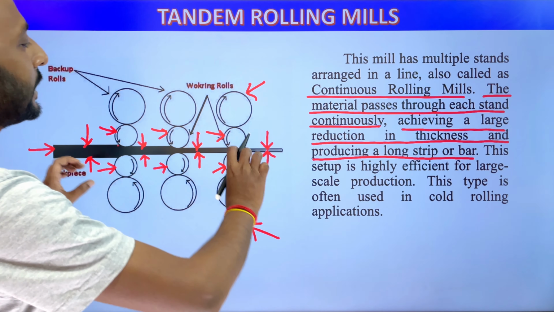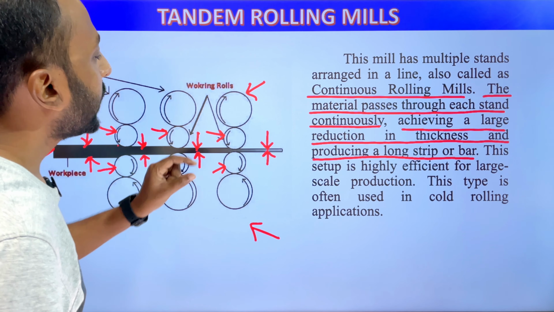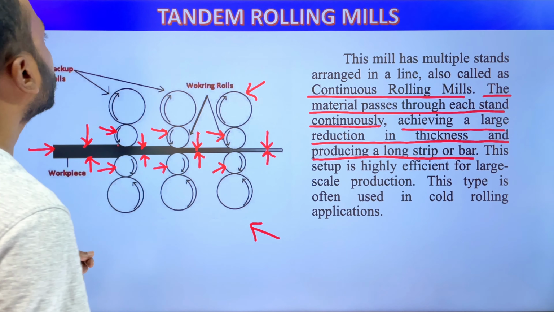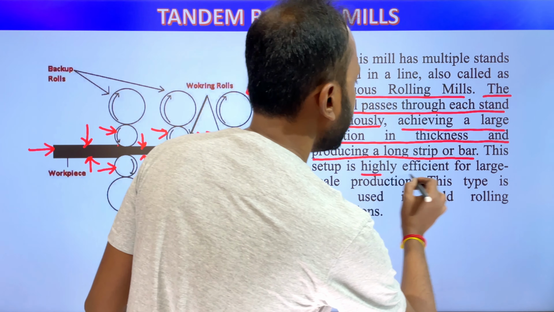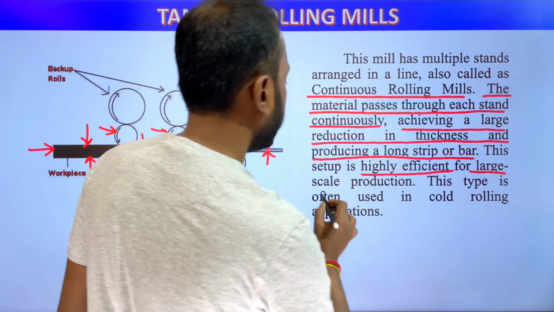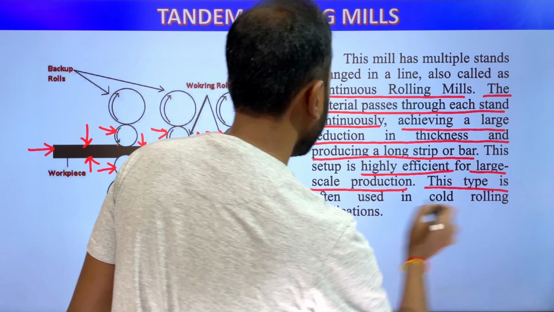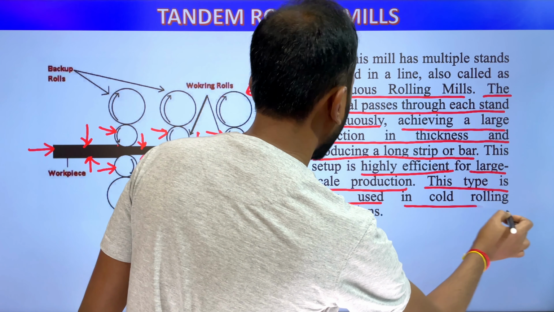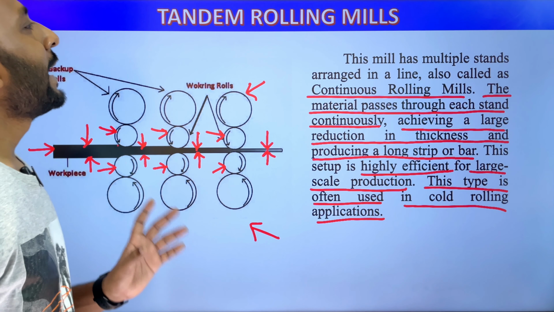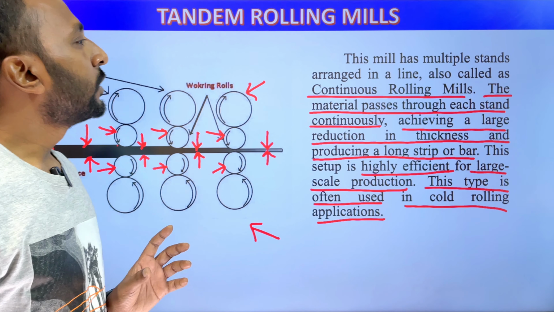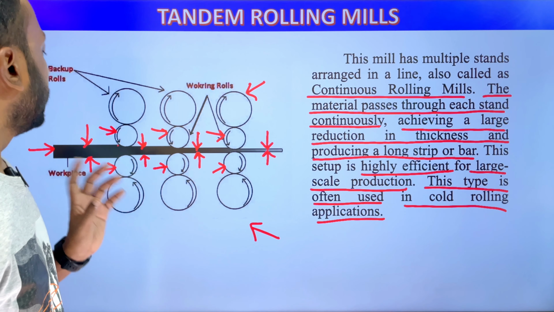So step by step the thickness is becoming thinner. So the tandem rolling mill is highly efficient for large scale production. This type is often used in cold rolling applications. So in cold rolling applications, tandem rolling mills or continuous rolling mills are used.